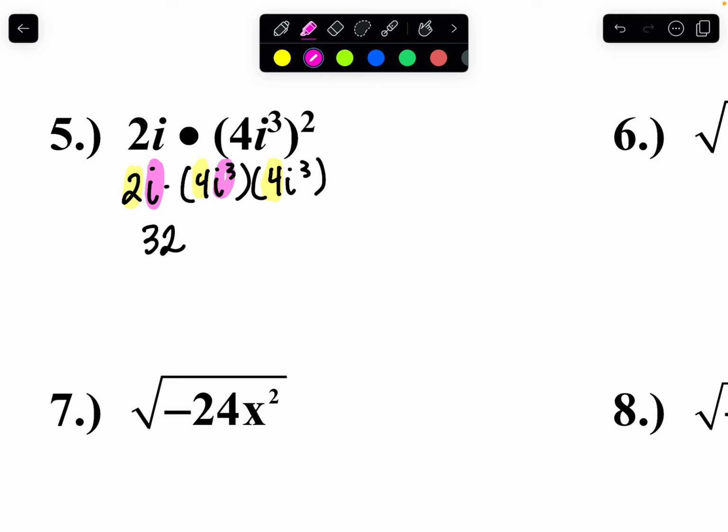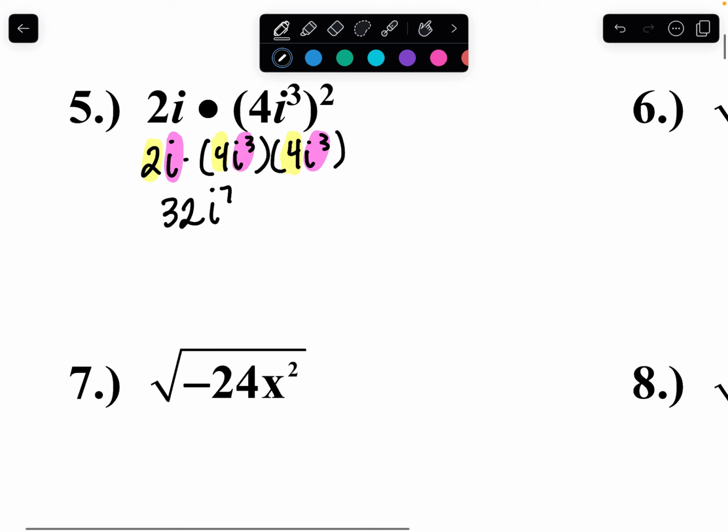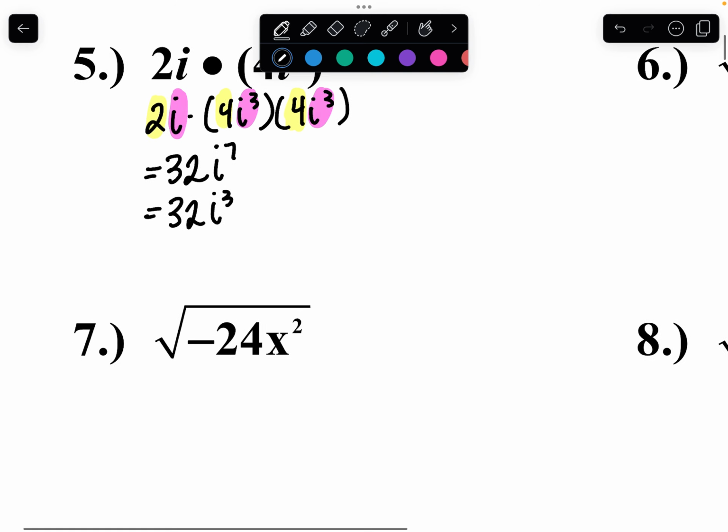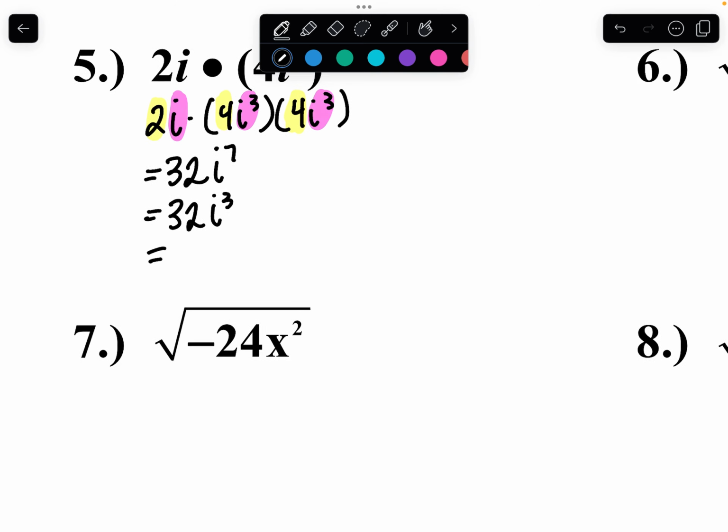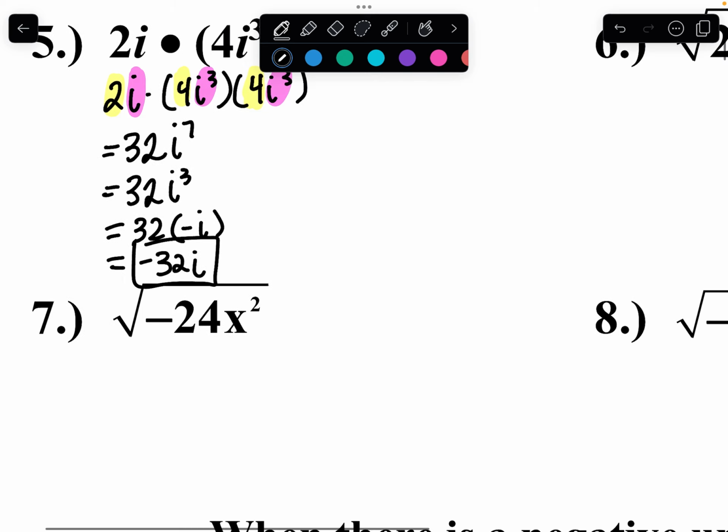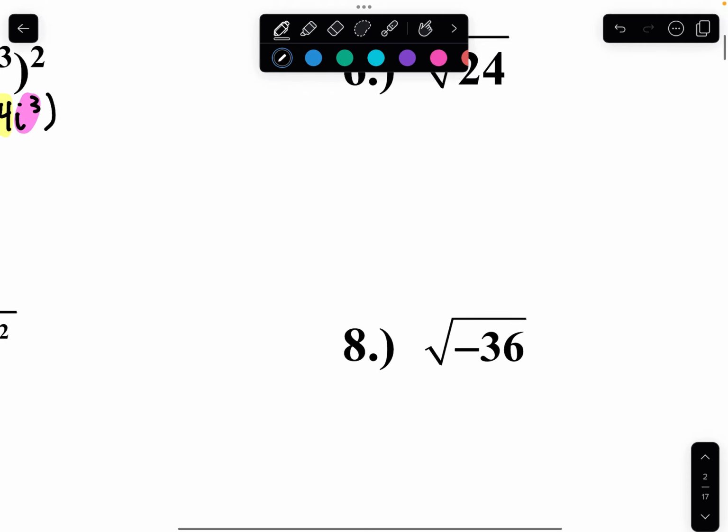I have 1 copy, 3 copies, 3 more copies. That's a total of 7 copies of i. Since i to the 7th is equivalent to i cubed, because there's a remainder of 3 when I divide it by 4, I know this is going to be the same as -i, which we put the negative in front of the 32 for our final answer. That one was hard, a lot of steps.